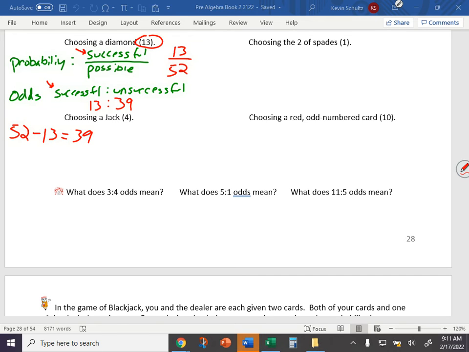So that's where these are now different, right? Notice that 13 plus 39 add to be the whole, 52. But it's really important to remember what each thing represents. What does probability tell us? What do odds tell us? Does that help? Anything else?